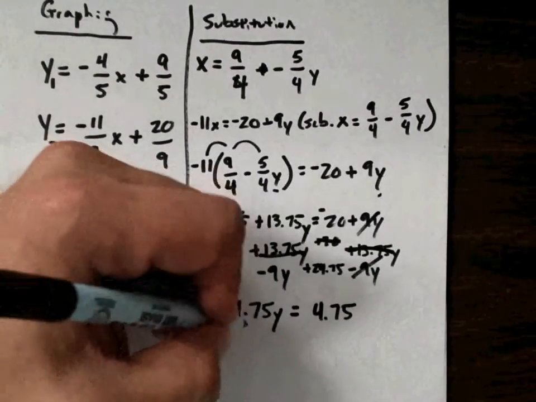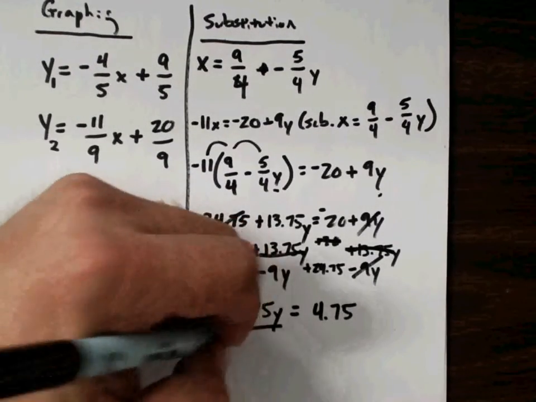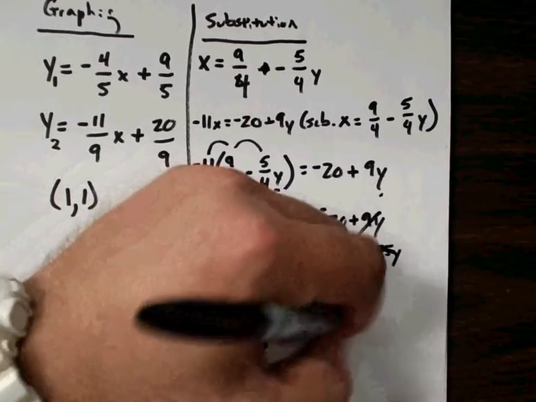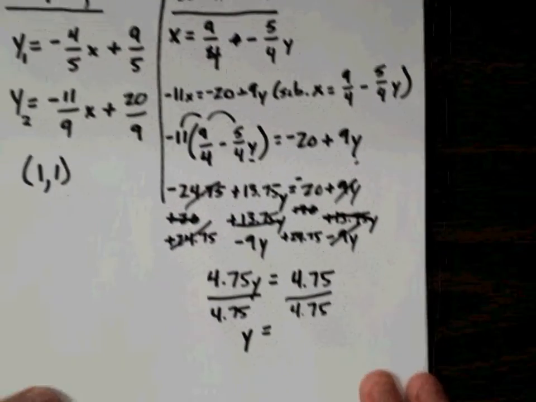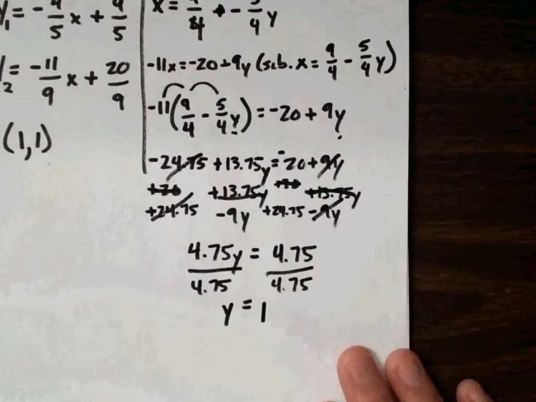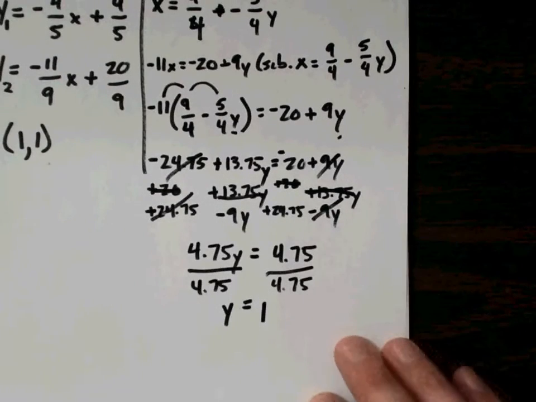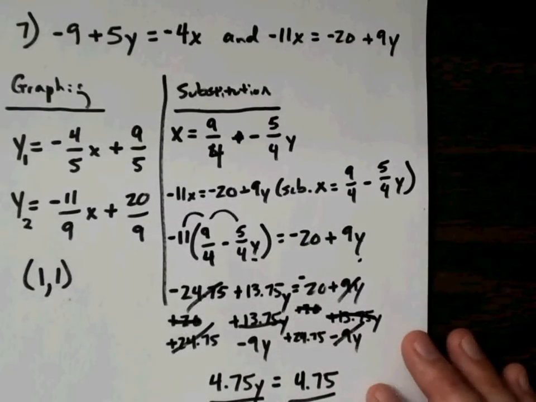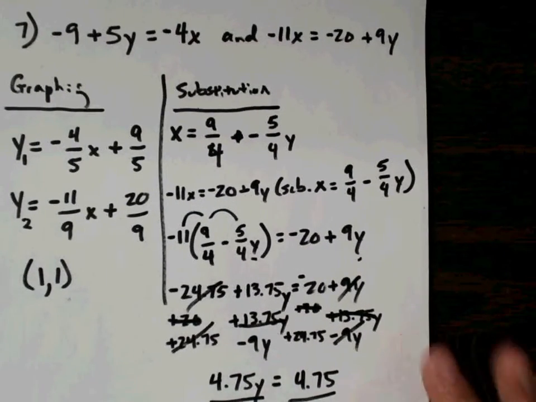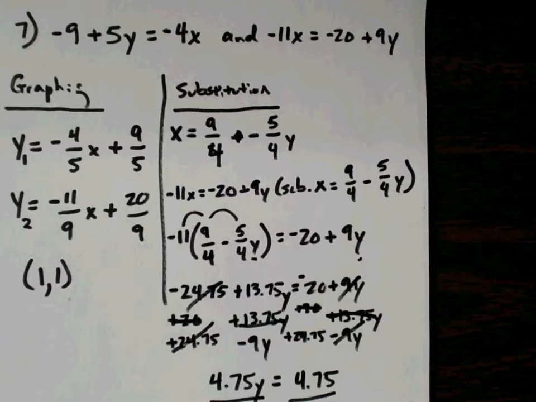And to get y, what do I do? So y gives me 1. Now, by looking at the original equations up here, and I know y is 1, which one of those would be the easiest one to plug it into?